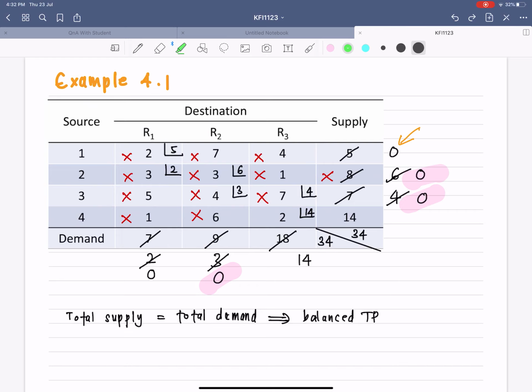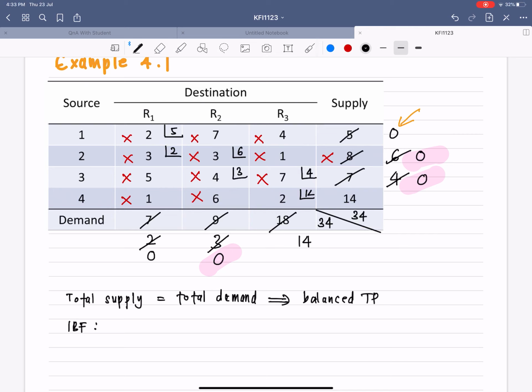All right. So then the solution, the initial basic feasible solution, IBF. So what you will have here, this is 14.